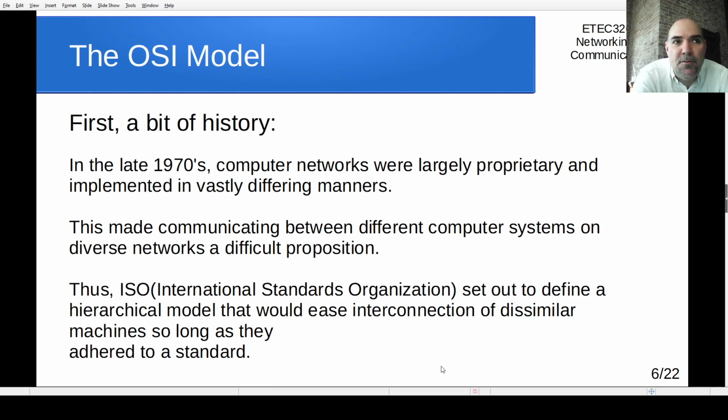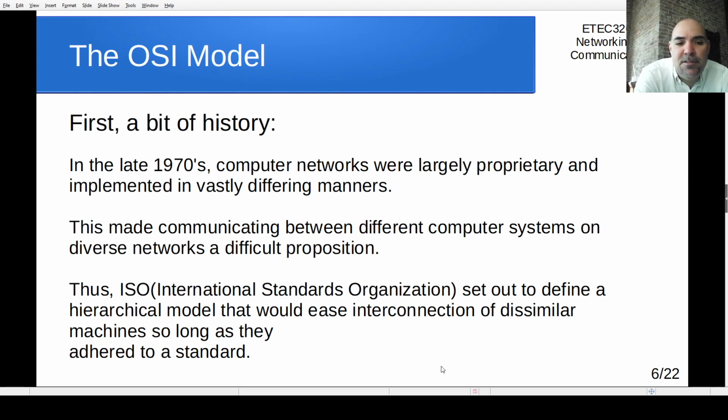And so what happened was the ISO, the International Standards Organization, set out to define a method or a model that would make it easier to interconnect different kinds of networks as long as they followed this standard.